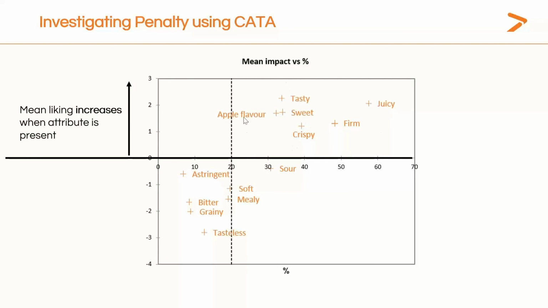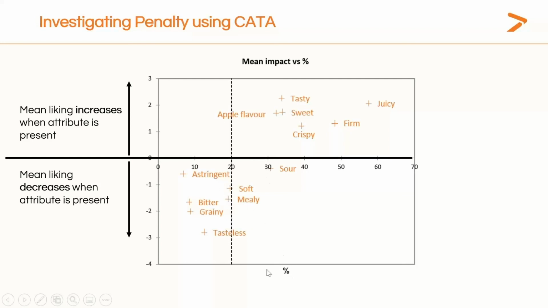So these attributes increase liking in the products when they are present: tasty, sweet, apple flavor, crispy, firm, and juicy. Right under, you have the decreases. This means that mean liking decreases when the attribute is present. So these attributes should be avoided in our apples because they generate a drop in mean liking when they're present.